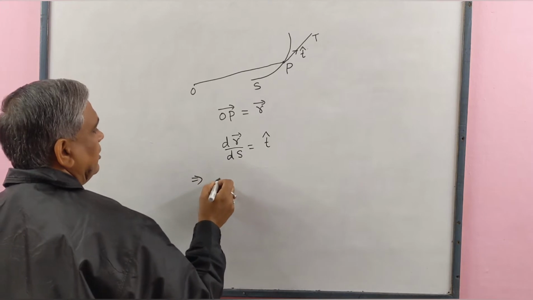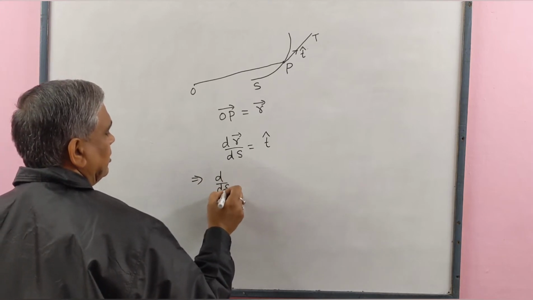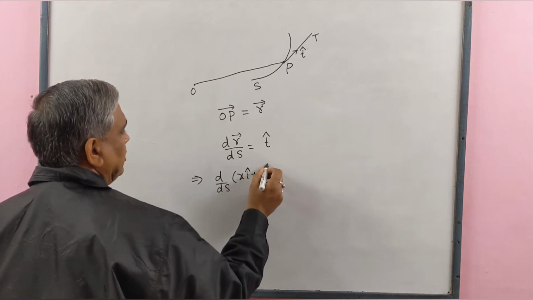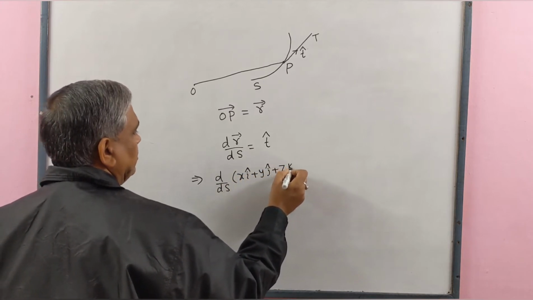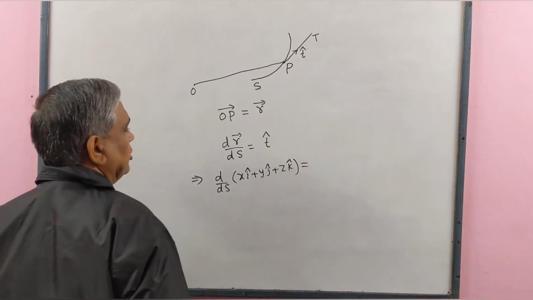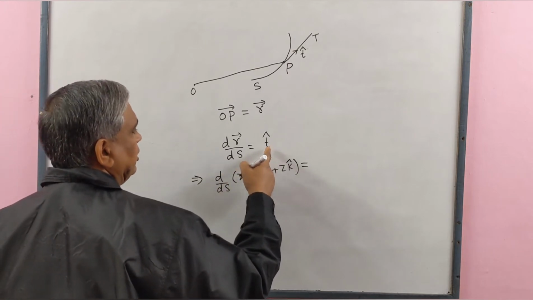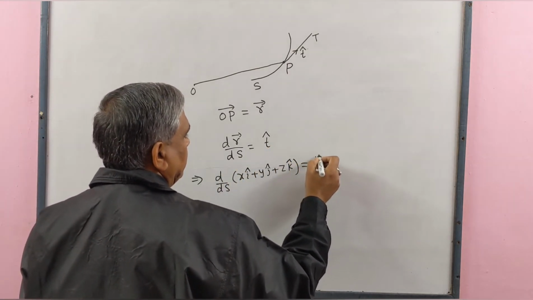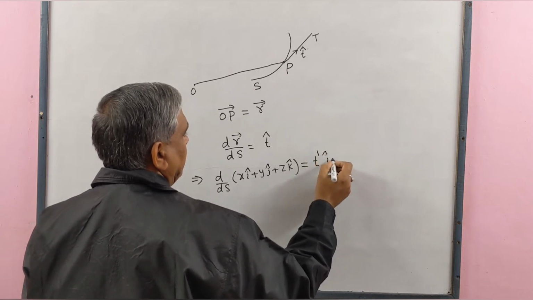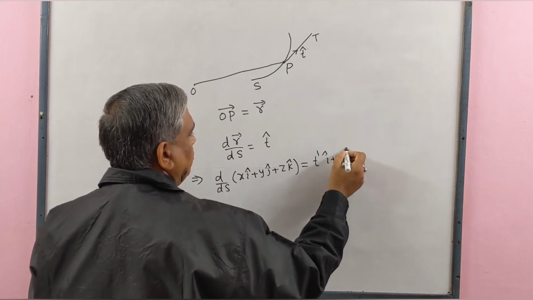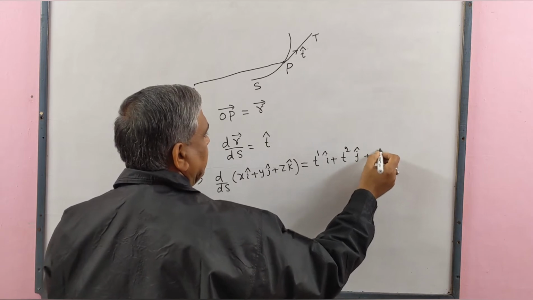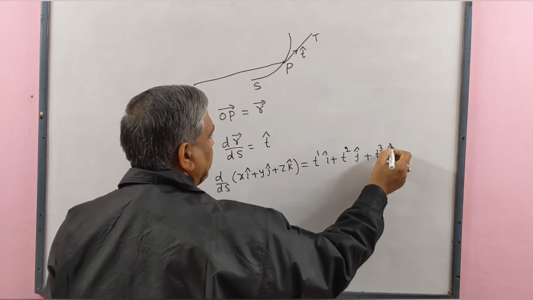This implies d by ds of xi plus yj plus zk equal to, if we write this unit tangent as t1 i plus t2 j unit vector plus t3 k unit vector.